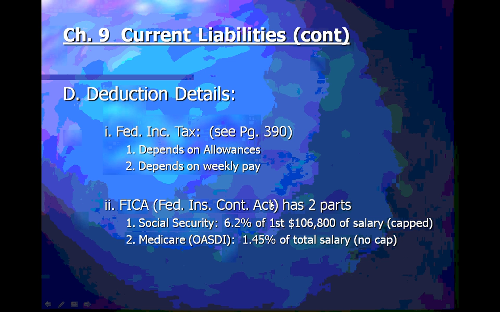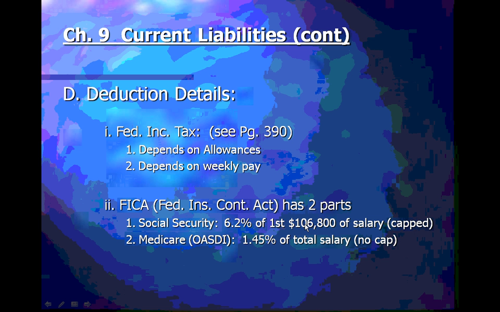Federal income tax depends on the number of allowances, often associated with the number of dependents you have, and it obviously depends on your weekly pay. All right. Social Security, known as the Federal Insurance Contributions Act, has two parts. For Social Security, you take out a fairly big chunk, 6.2% of your first $107,000 of salary, typically. And if you make money above that, there should be no Social Security deducted. These caps do change, and you will see problems both online and in your book and in these online materials where the caps are different.